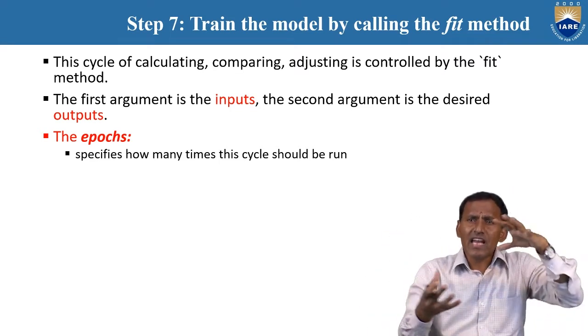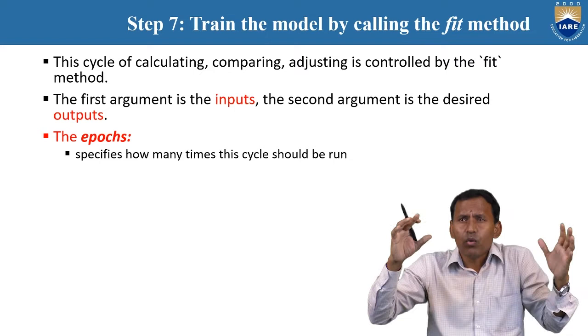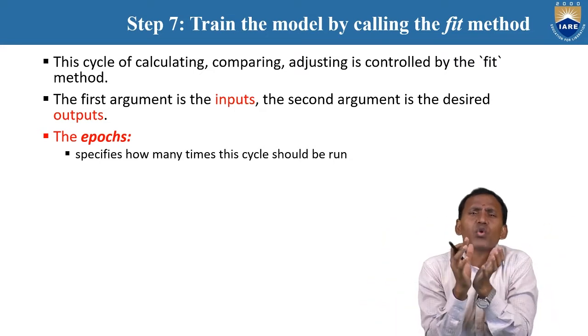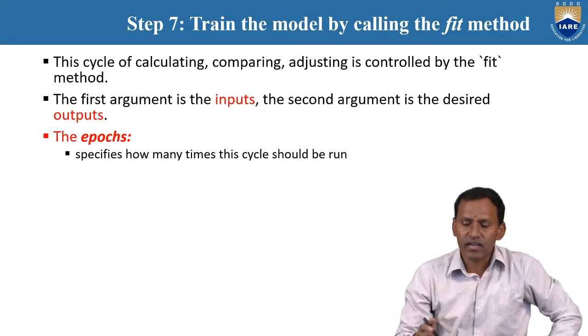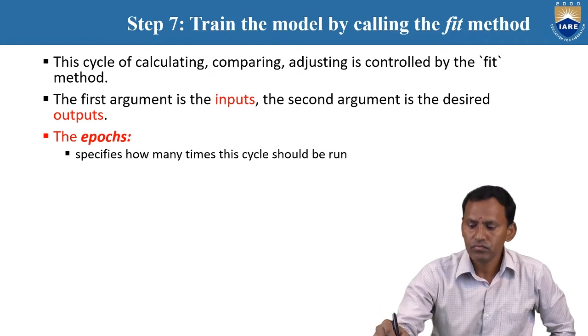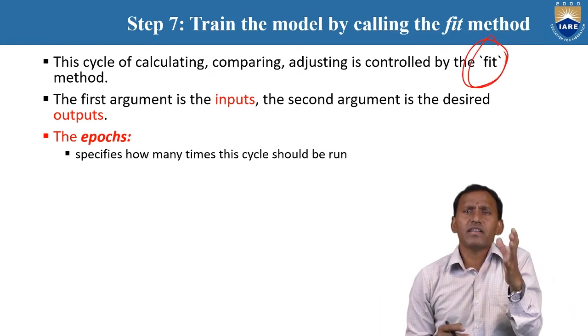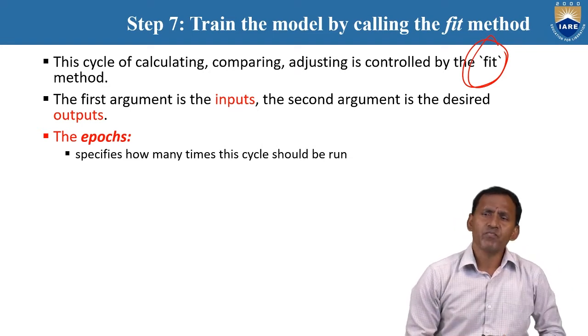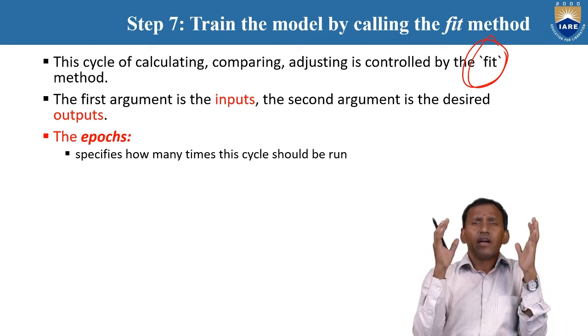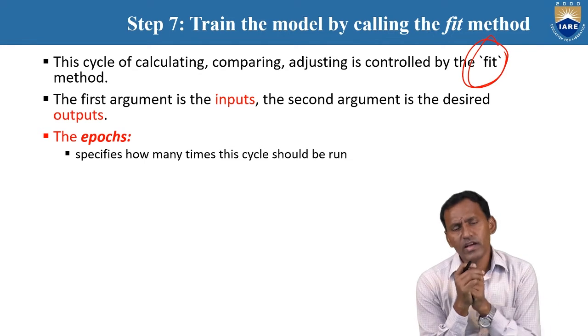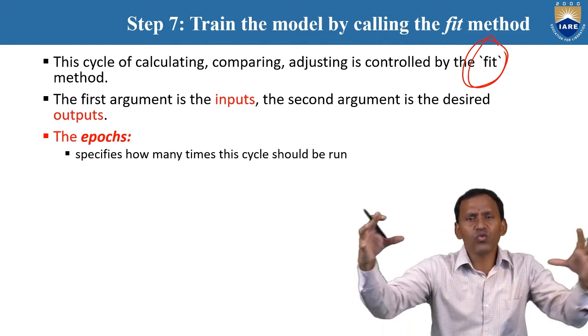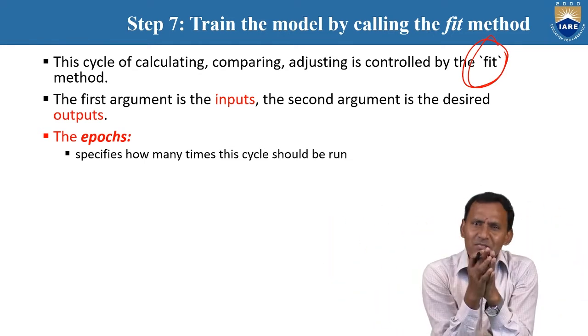The calculating, comparing, and adjusting is controlled by the fit method. So we have to use what? The fit method. This fit method contains one argument, the input, and the second argument is what? The desired output. Input and desired output. This is the training, right?